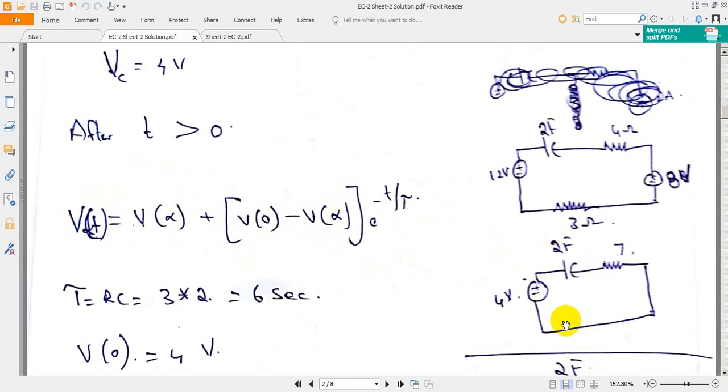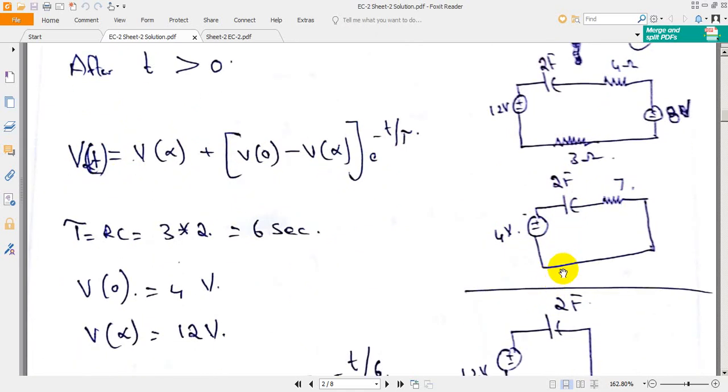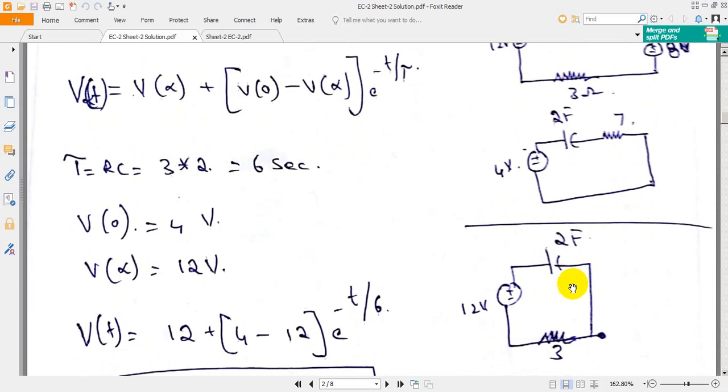What is V infinity? V infinity will be equal to the voltage which is present after t is equal to 0. How much is the voltage which is present after t is equal to 0? If you check this circuit, the voltage will be 12 volts.